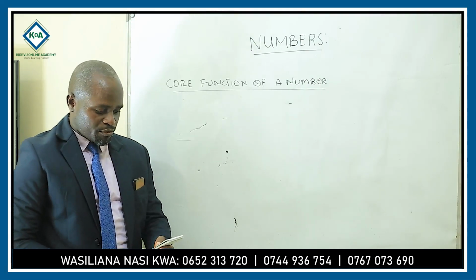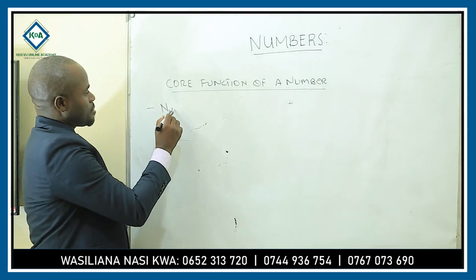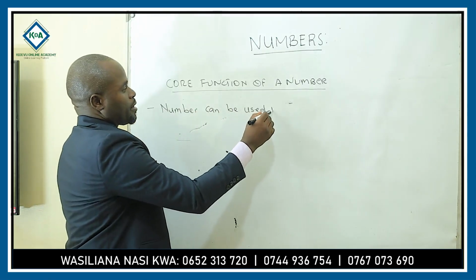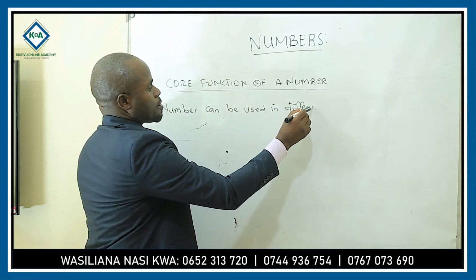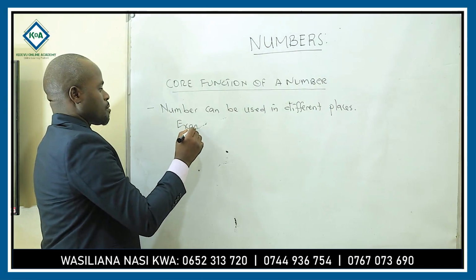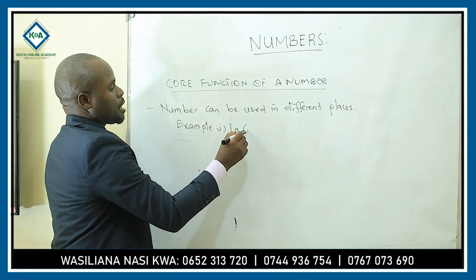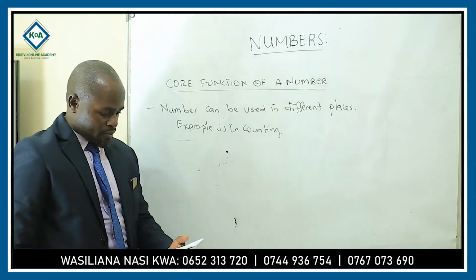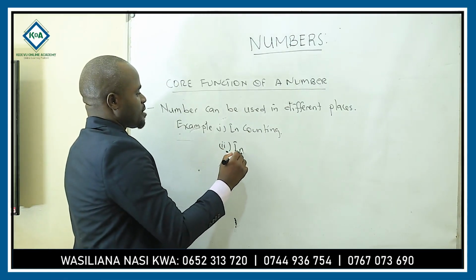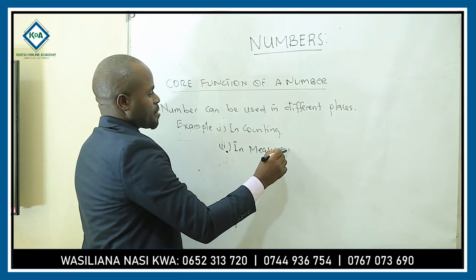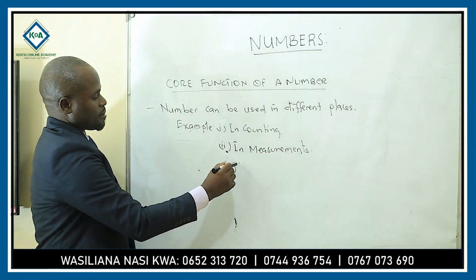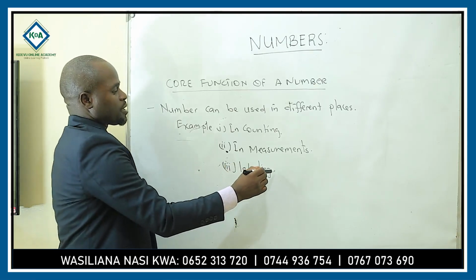For example, number can be used in different places: one, in counting; the second one is in measurements; but also in labeling objects.